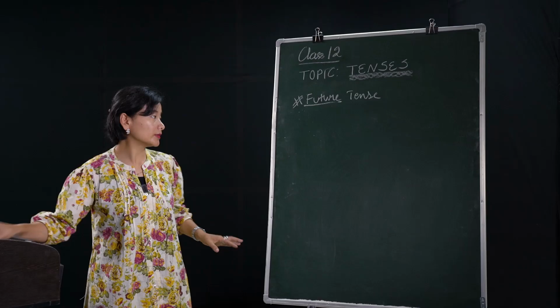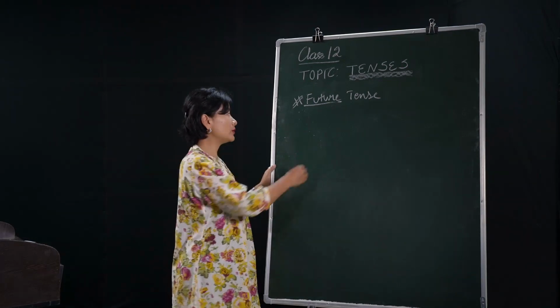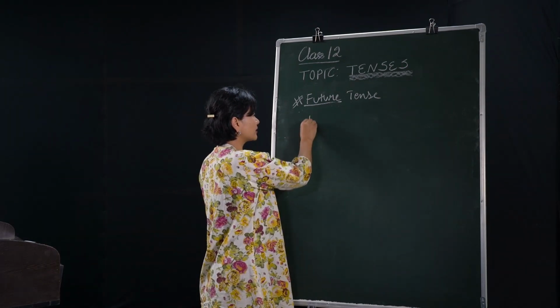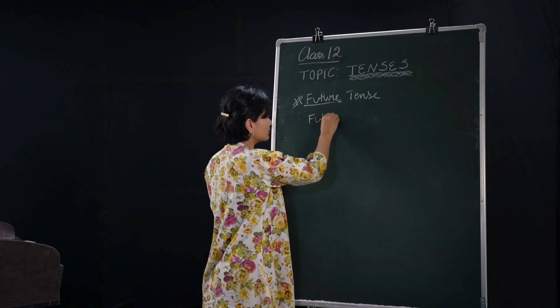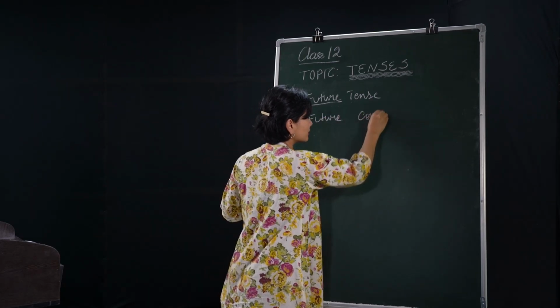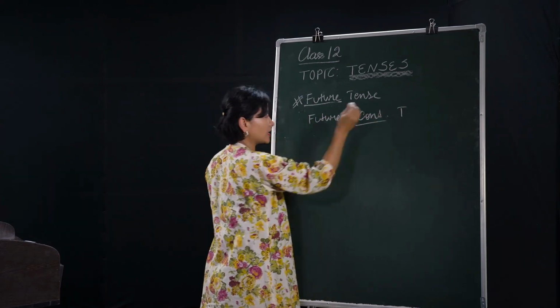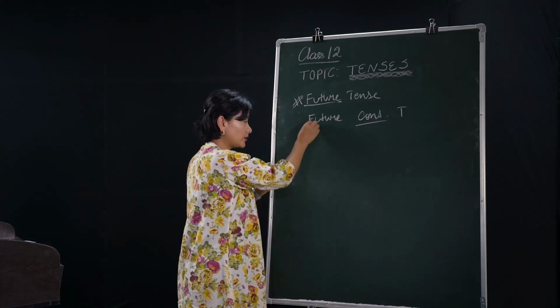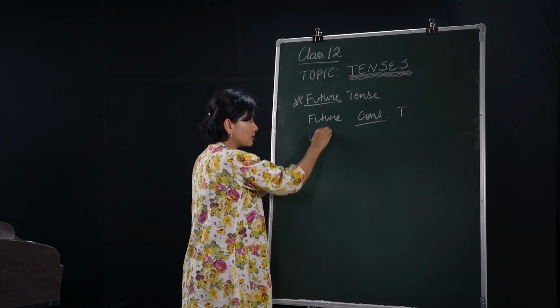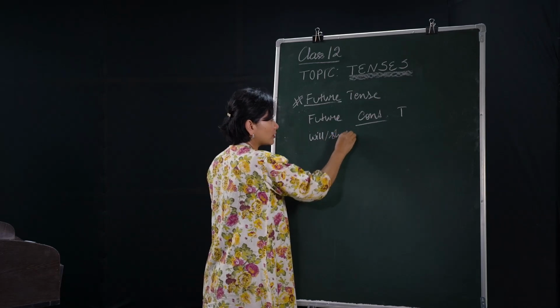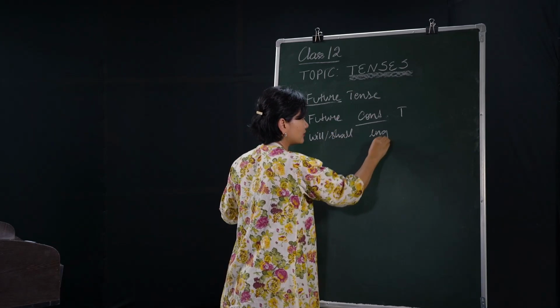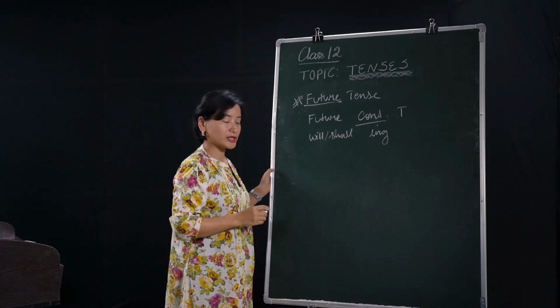future tense. The next one that we will be learning is future continuous tense. So again, we learned that in future we need will or shall, and in continuous our verb is in the ing form. So that already gives us the structure here.